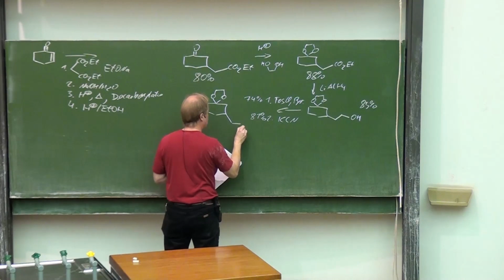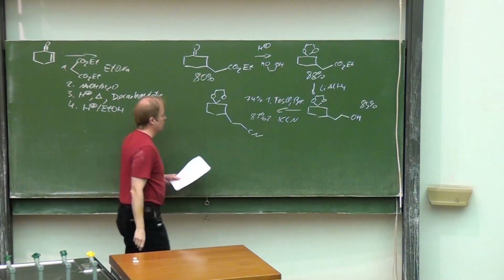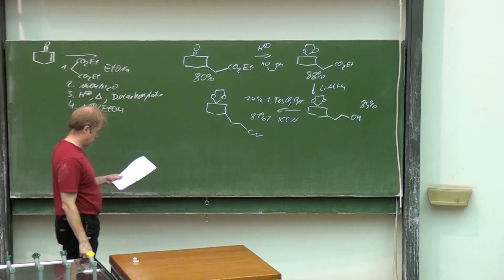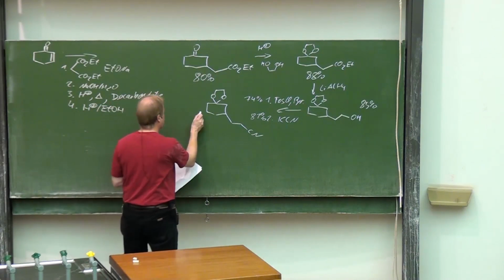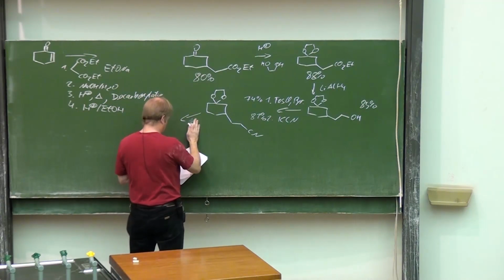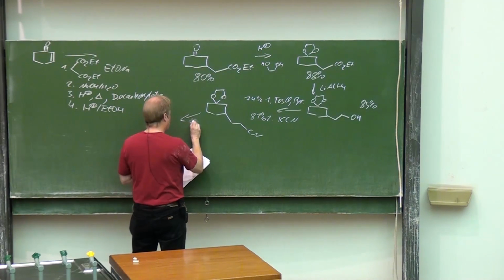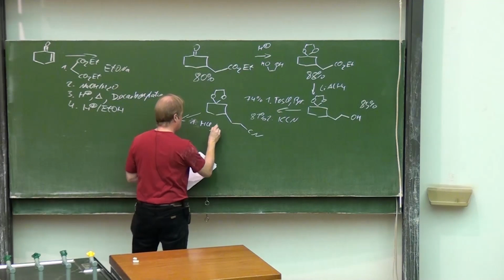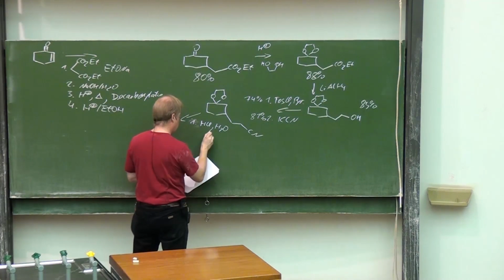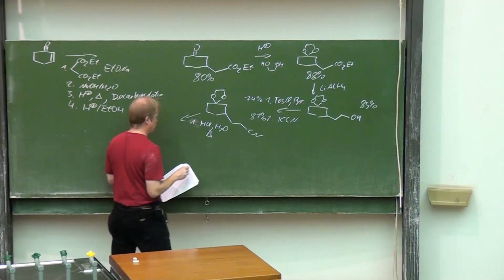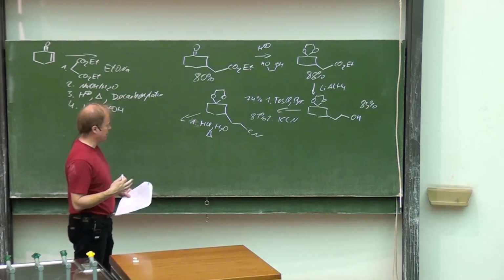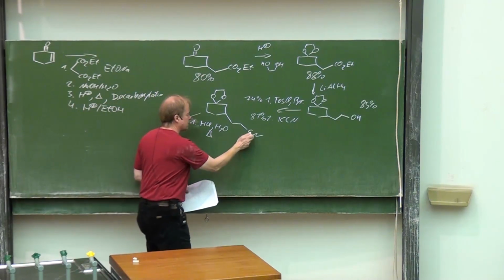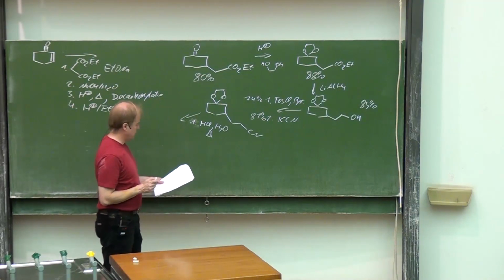Now we are here with this structure. First, HCl, water, heating it up, somewhat rather drastic reaction conditions for the hydrolysis of that cyano group.